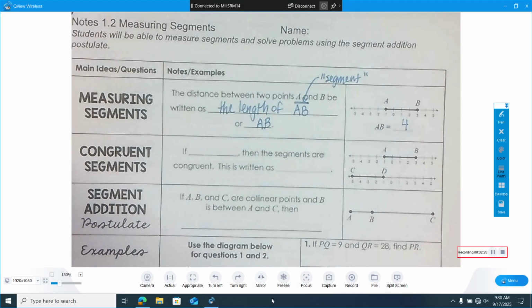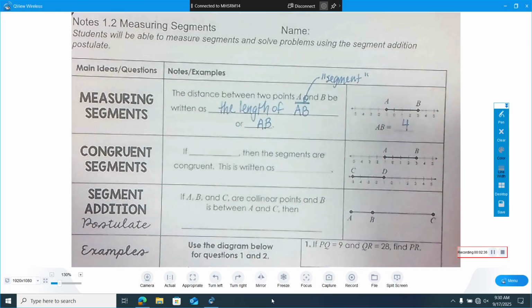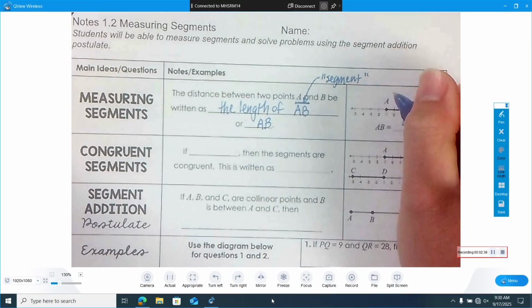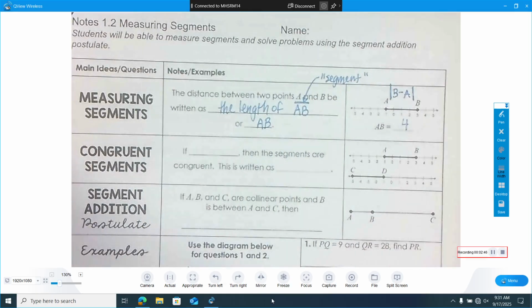How did you get 4? Okay, -1 plus 4 equals 3. So we can also do B minus A or A minus B, but we think about it as absolute value, because we're talking about a distance, and that should always be a positive answer.